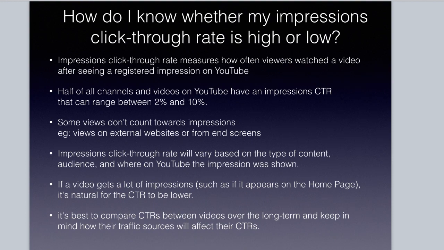An impression is when your thumbnail appears, especially within the first 7 days. The first 7 days is a crucial period where your video goes out, and then YouTube shows your thumbnail on the internet.